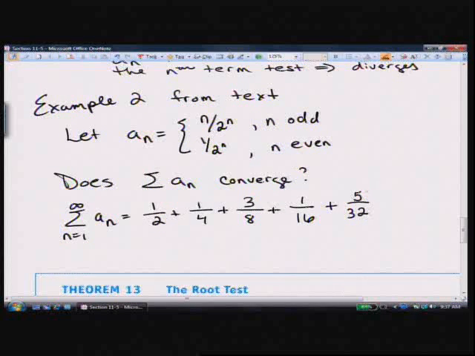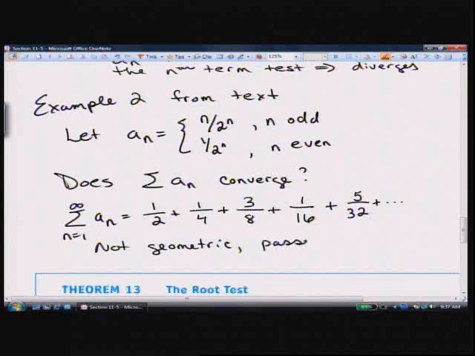And so it's not geometric because I don't have a common ratio. The nth term does go to 0, so it passes the nth term test.